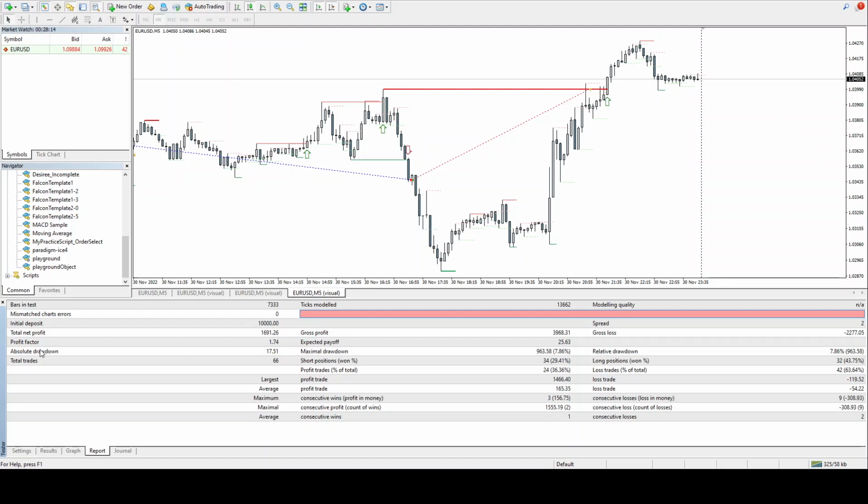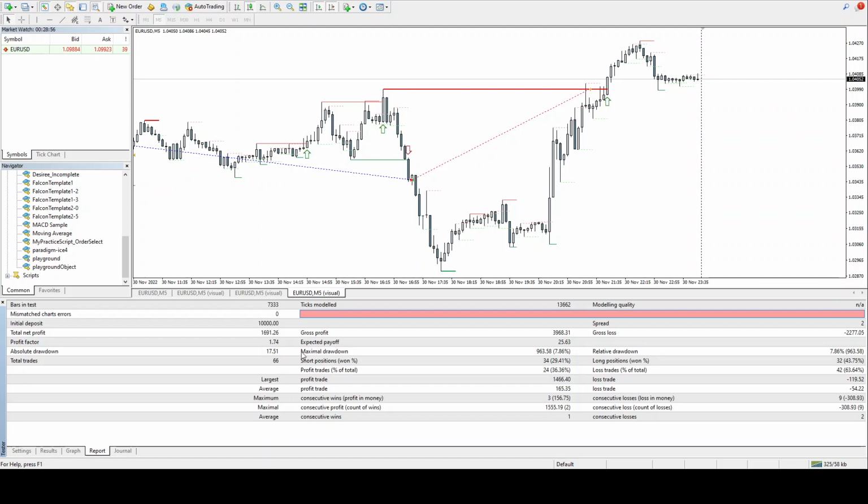And the absolute drawdown has reduced to 0.17. So price only went $0.17 below the initial balance. The percentage of profitable trades has increased to 36% from 31%.